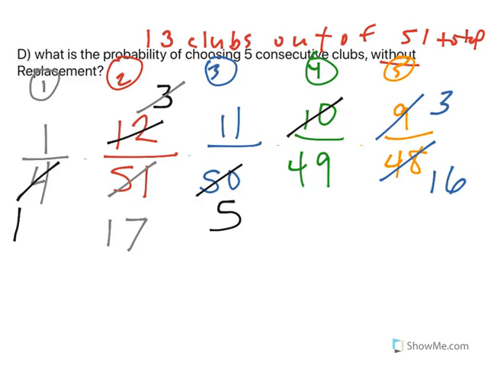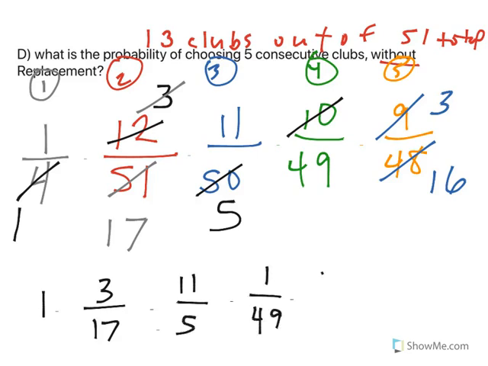So if I rewrite my problem, this is just a 1. Then I have 3 over 17, 11 over 5, 1 over 49, 3 over 16. And you might say, Becky, that was dumb. And that's fine, you can think that. But I do like to practice my reducing skills. So we end up with this.